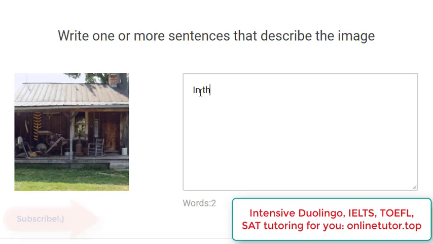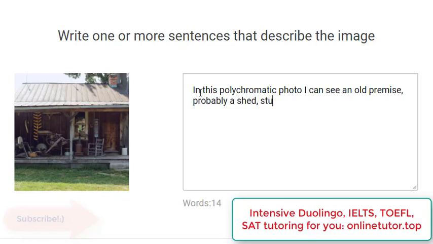So in this polychromatic photo, I can see an old premise, probably a shed stuffed with old useless, let's say garbage.